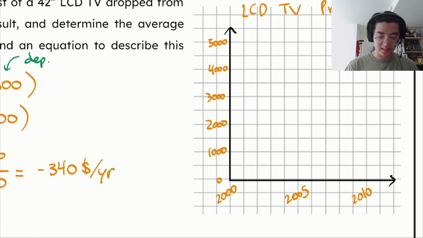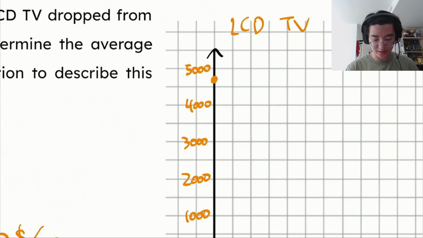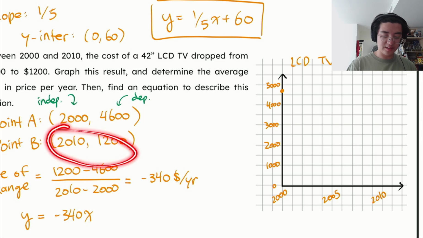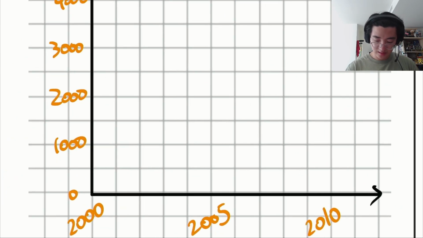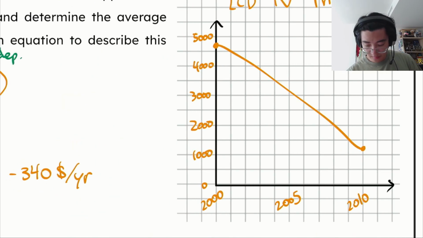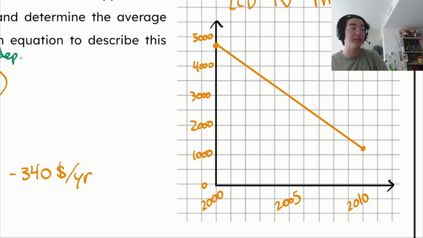Okay, so at the year 2000, we have 4,600, so somewhere here-ish. And at the year 2010, we got 1,200. So it's somewhere around here-ish. Now importantly here, we do not put an arrow here because those are the only 2 data points we know.